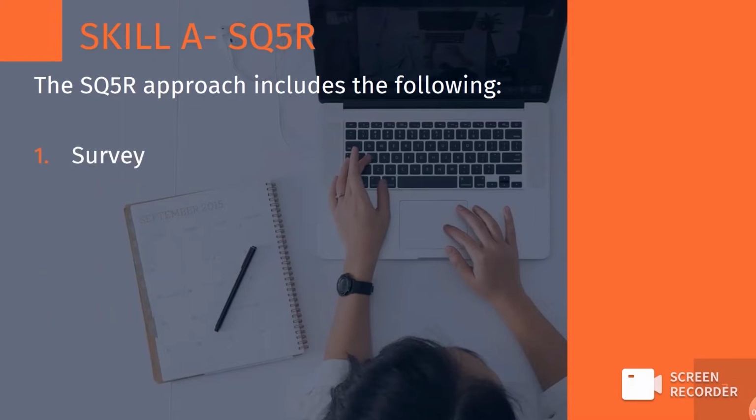First, we have survey. This is directly related to skimming. All you need to do is to rapidly read the material and get the general overview of the material or the passage that you will be reading. Next, we have questions. All you need to do is to formulate questions before reading the material. Questions are like, who are the characters of this story?